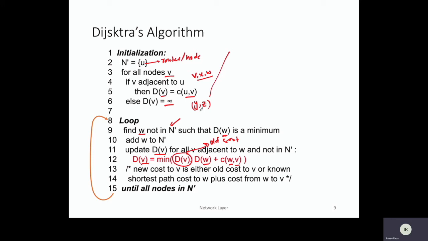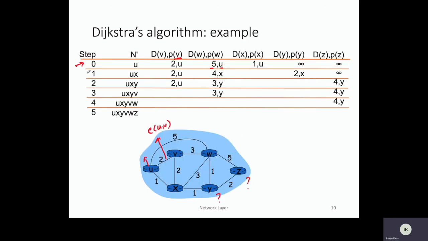Okay, right. So in this initialization step 0, N contains only node U, and the cost to reach V is known, being direct neighbor of U, which is 2, and the predecessor node is U itself, right? Similarly, the cost to reach node W is known, which is 5, and the predecessor node is U itself.